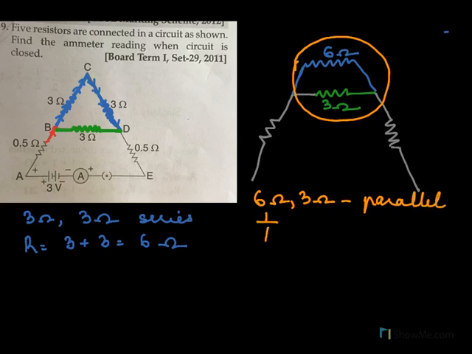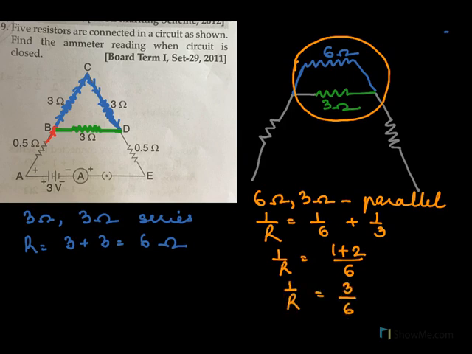If it is connected in parallel, I will do 1 by R equal to 1 by 6 plus 1 by 3. So 1 by R, you have 6 here, 1 plus 2, 1 by R equal to 3 by 6, which is 1 by 2, so R equals 2 ohms.